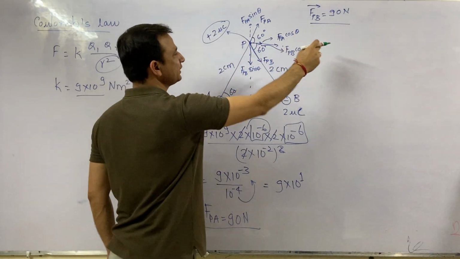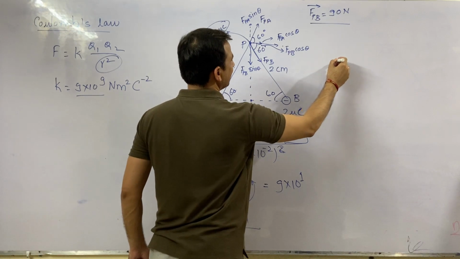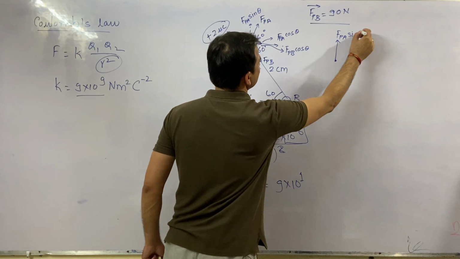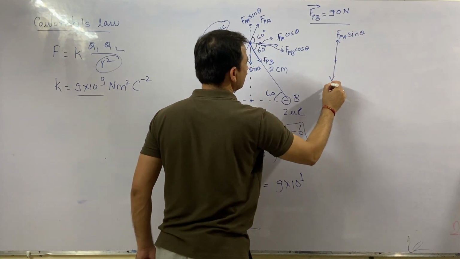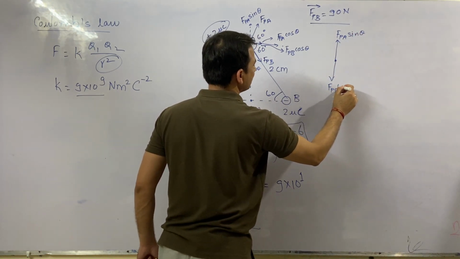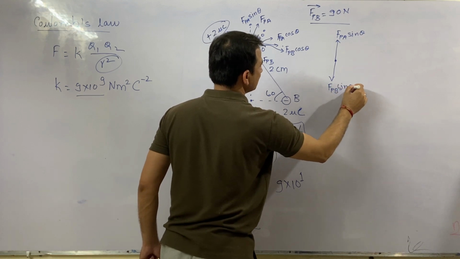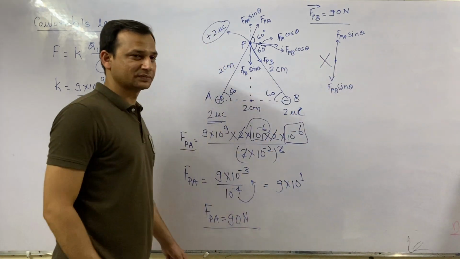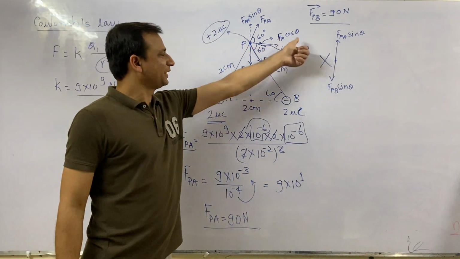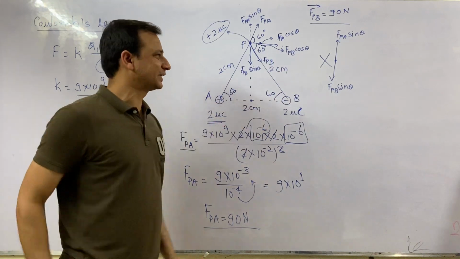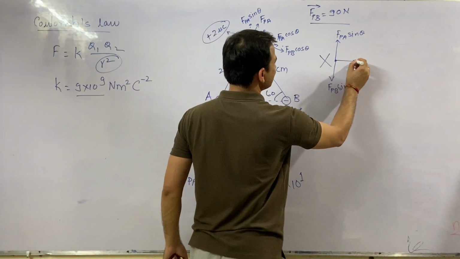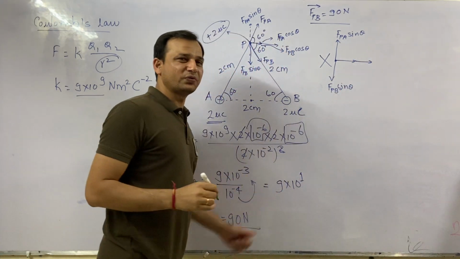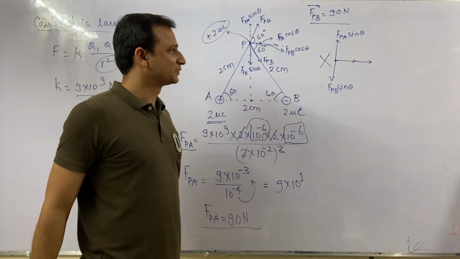If we draw the two components here, FPA sin theta and FPB sin theta, they both are cancelling each other. But FPA cos theta and FPB cos theta are pointing towards the right side in the same direction, something like this. So these two vectors will get added.